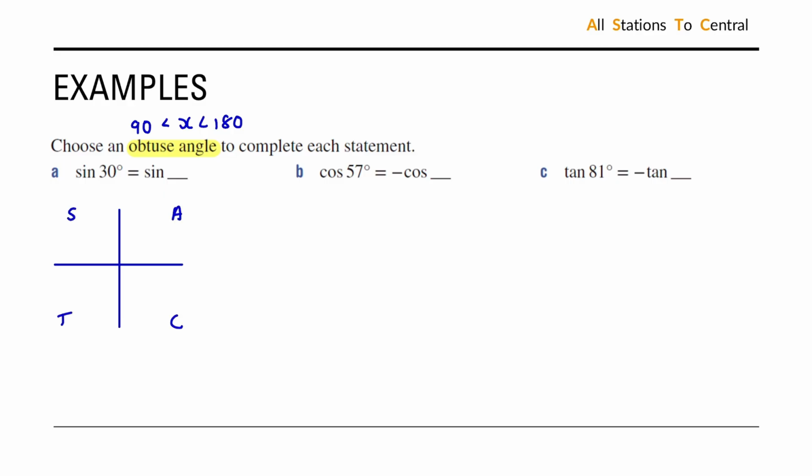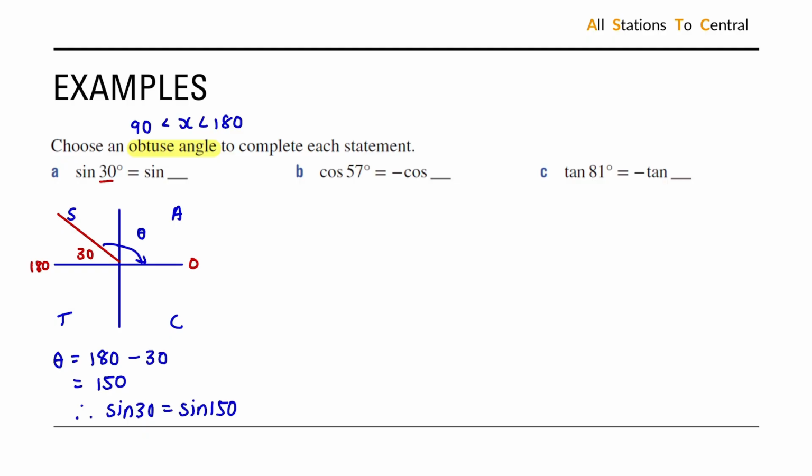If I have a reference angle of 30, I need to find the angle that makes 30 degrees with the horizontal axis. Can you see that this angle here will be supplementary? So it'll be 180 minus 30 degrees. So it'll be 150. Therefore, sine 30 equals sine 150 degrees.